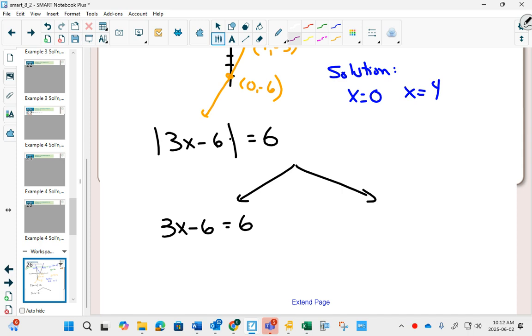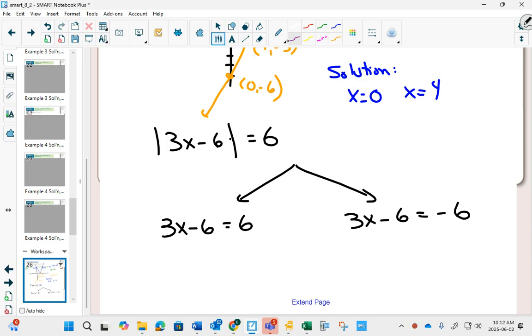The other possibility is this inside could equal negative 6 and still equal 6 in the end. So we have these two possibilities. You have the possibility that the inside is positive, and then it wouldn't matter, or the possibility the inside is negative.